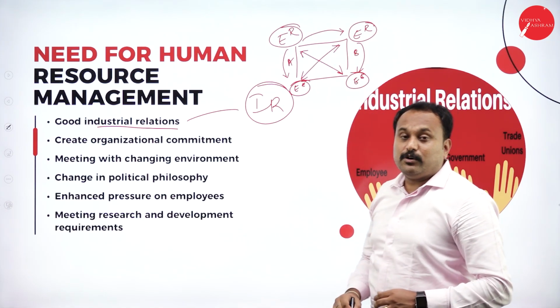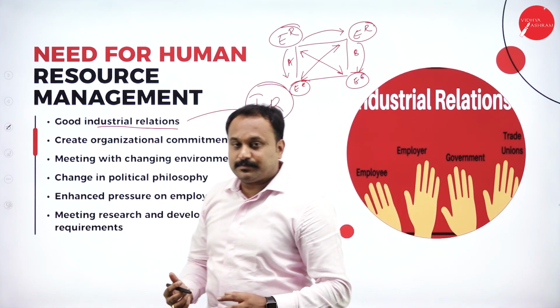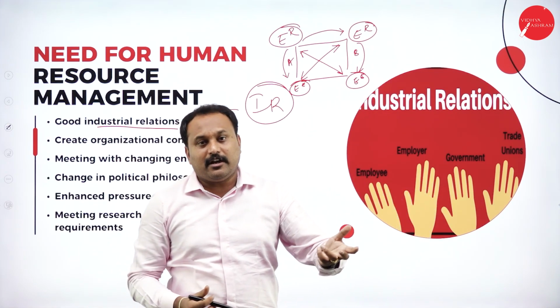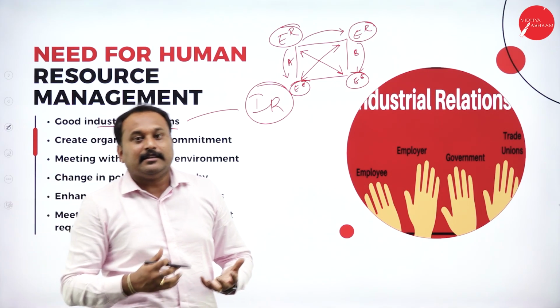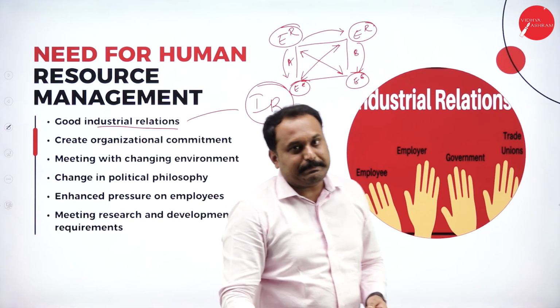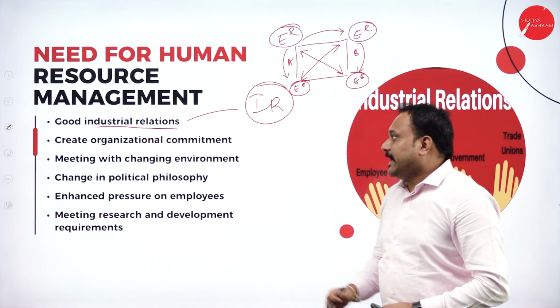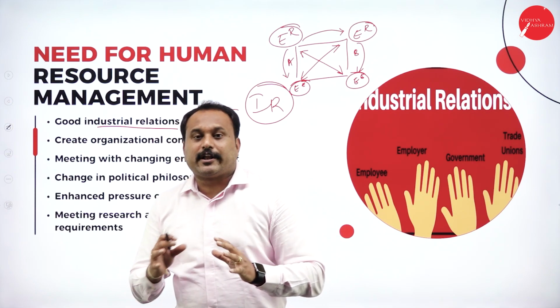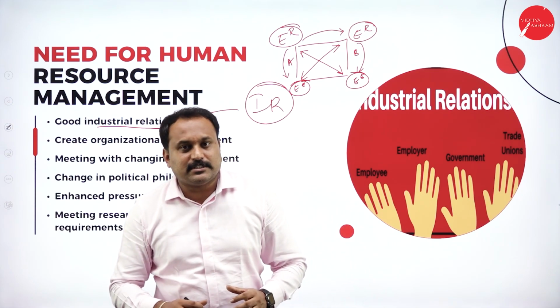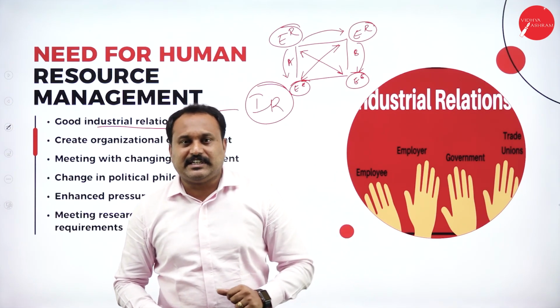That means what? We don't know, right? What's going to happen? So who will be where, we really don't know. So the good relationship needs to be present, that is through human resource management. Create organizational commitment. Whenever we have the organizational commitment, we need to go back to the first session itself.